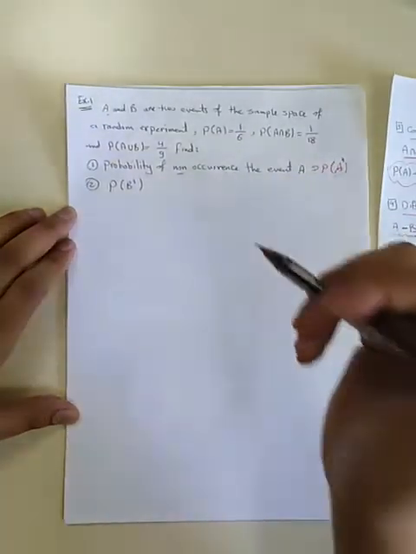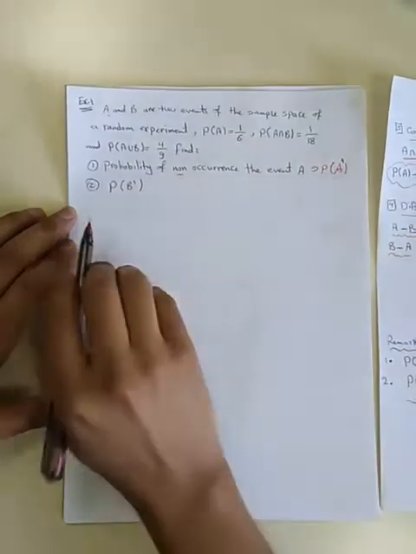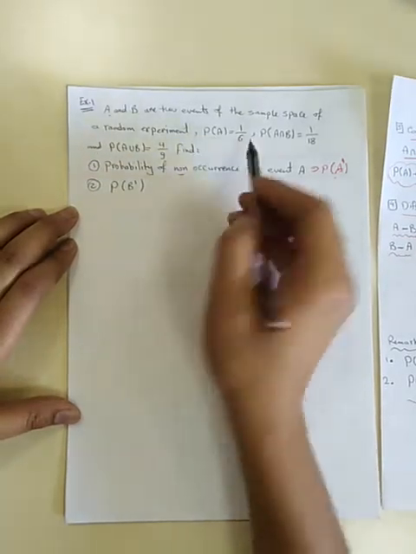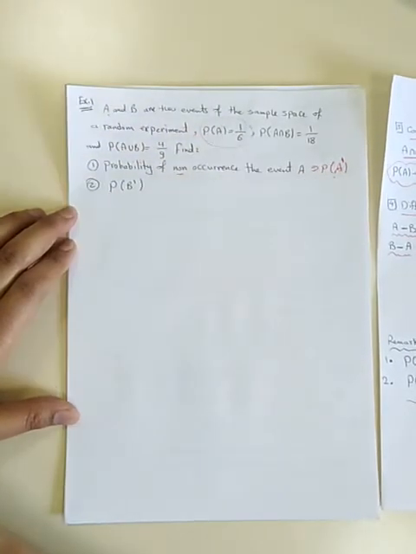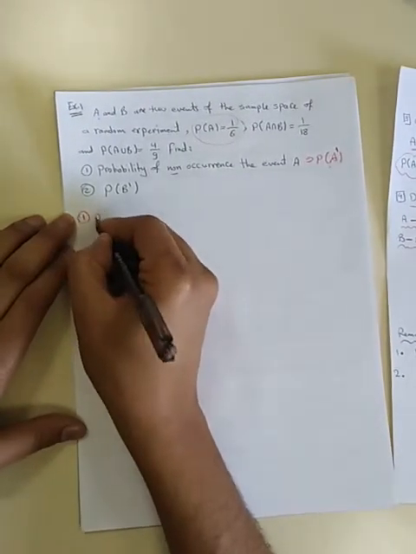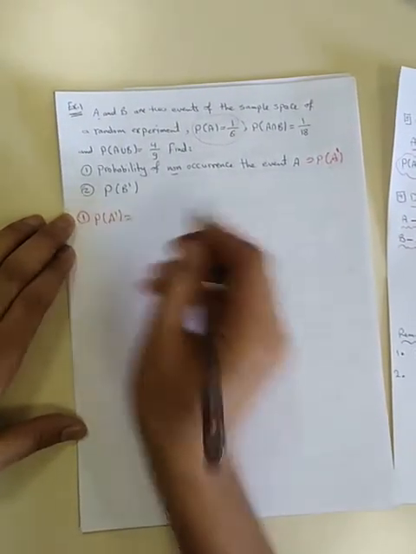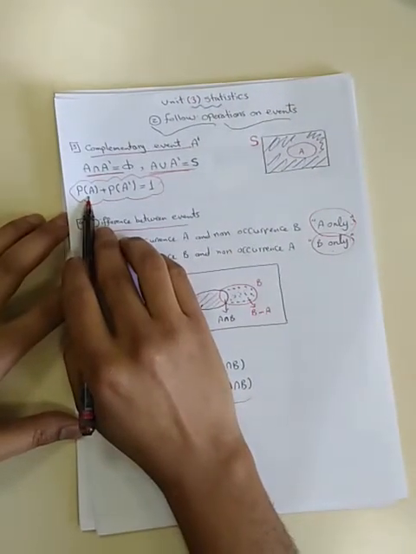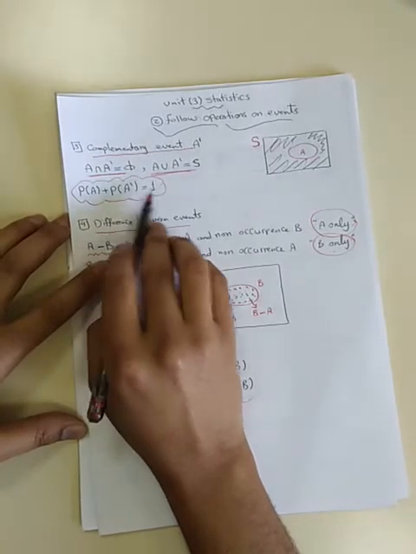A dash, we can get it from A. Probability of A equals 1 over 6. Then we can get number 1, probability of A dash, from this rule: probability of A plus probability of A dash equals 1.